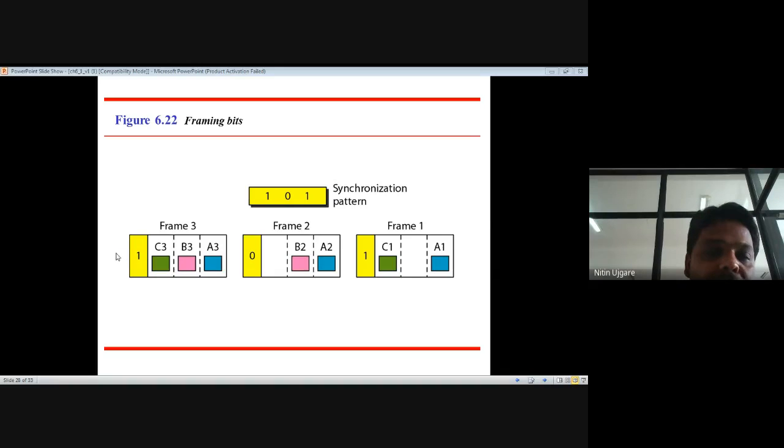For frame 4, again bit 1 will be added. For frame 5, bit 0 will be added, and for frame 6, bit 1 will be added. So the synchronization pattern 101 is followed in each group of 3 frames. Okay, so this synchronization pattern will be repeated for the subsequent 3 frames.